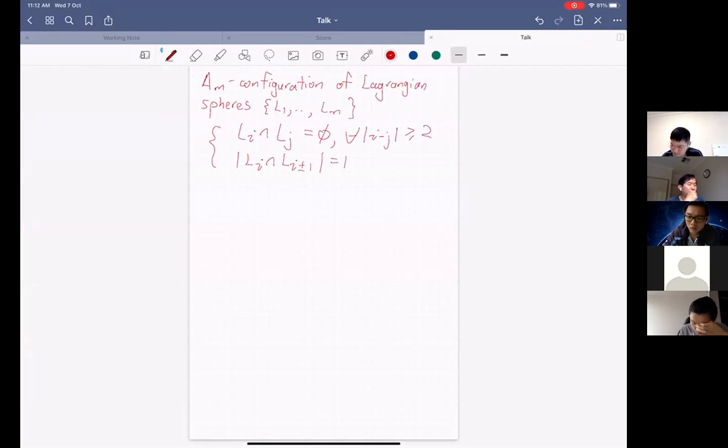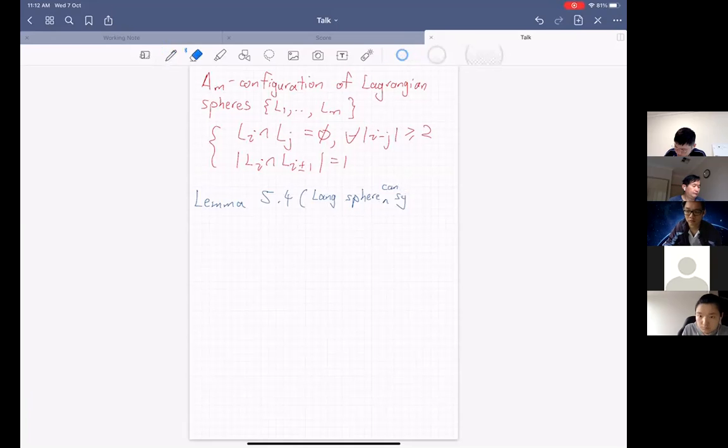Okay, and now this leads to a very important result, which is Lemma 5.1 from the paper on Lagrangian two-spheres that can be symplectically knotted.